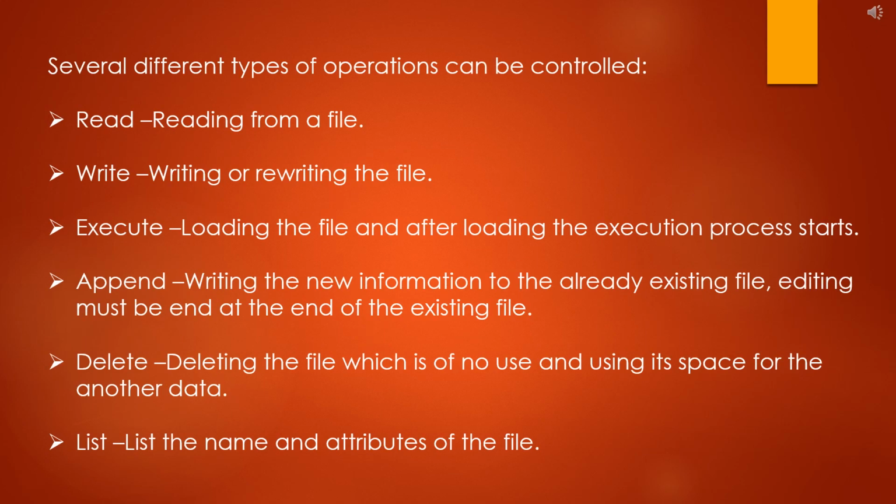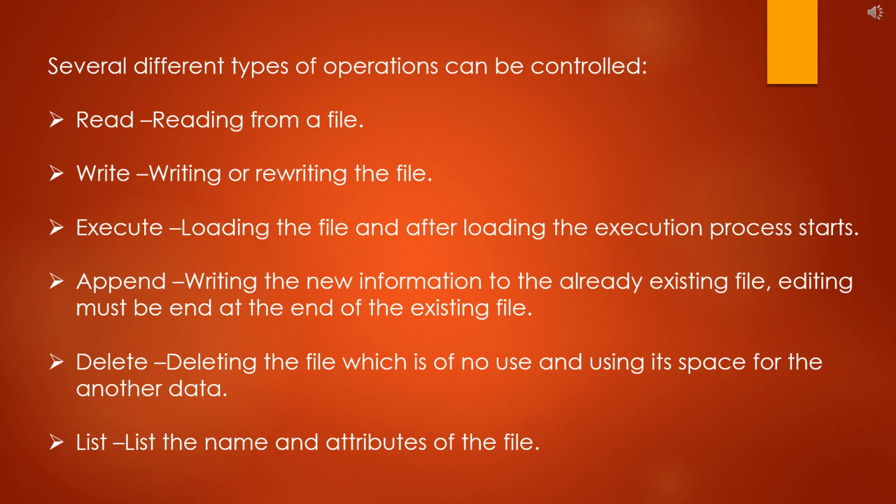Several different types of operations can be controlled, like reading from a file, writing or redirecting the file, loading the file, and after loading, the execution process starts. Writing new information to an already existing file. Editing must end at the end of the existing file.